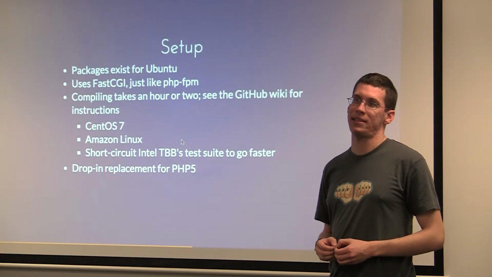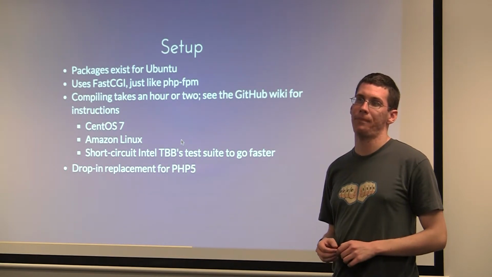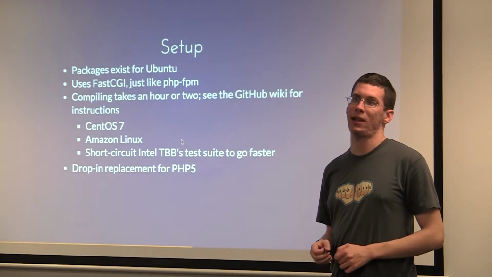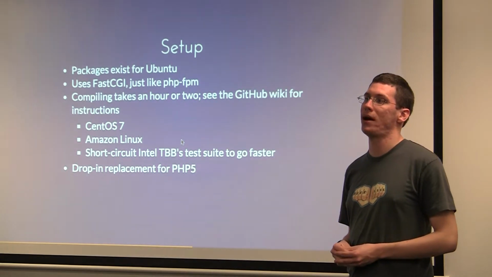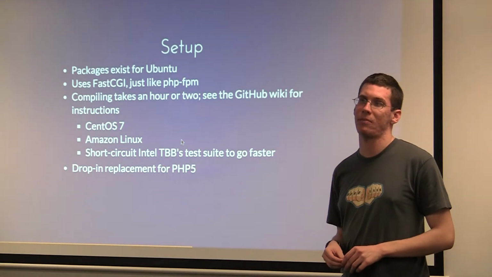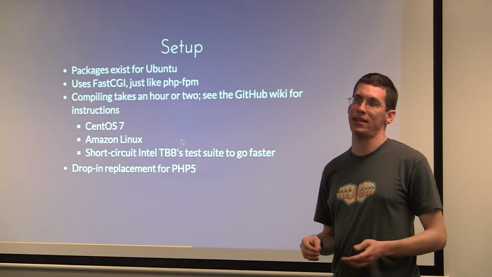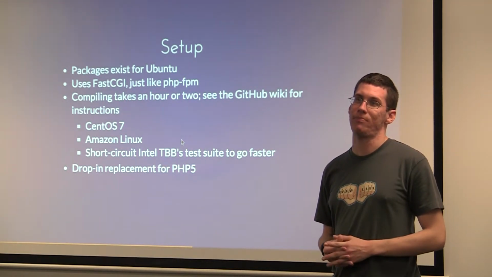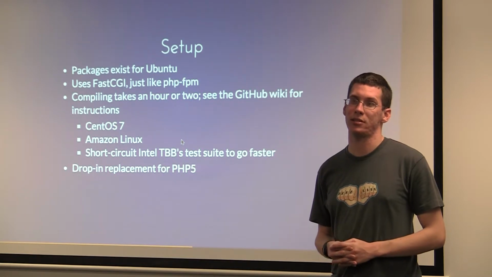And while it takes a little while, it doesn't take too terribly long. Even on like a T2 micro with a couple gigs of RAM, it took about an hour and a half. So I still had CPU credit left over to actually have a useful machine afterwards.